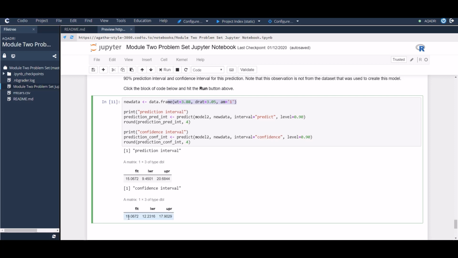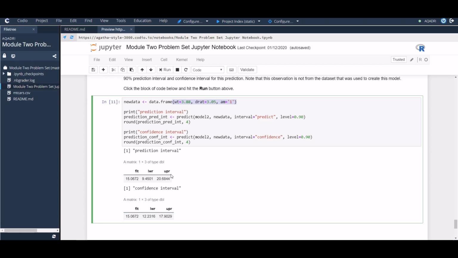And when you have an average prediction, what you're really saying is that if I were to collect a sample of several cars that have these features, then the average prediction would be 15.0672, and the confidence interval is for that average. So there's less uncertainty because now you've considered a sample, and therefore the interval is narrower.